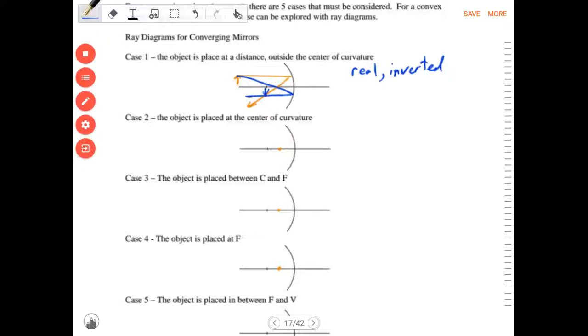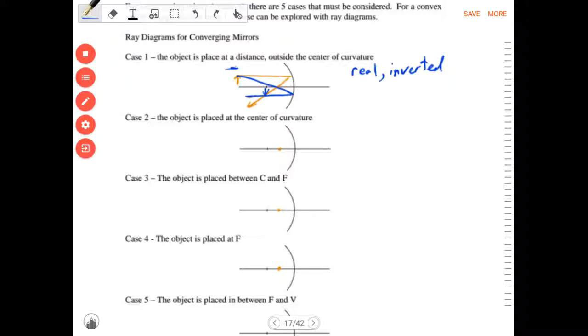Now, see where the rays crossed? We are closer to the mirror than the object. The object is right from here to here. The image is only from there to there. So we can tell by that this image will be smaller.